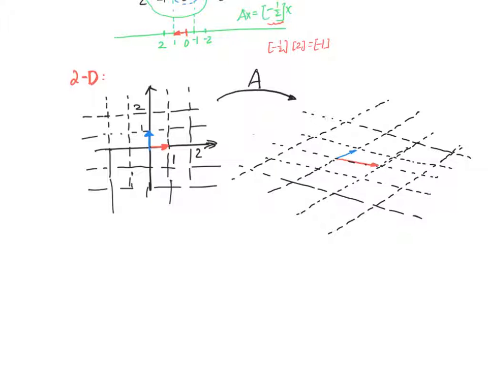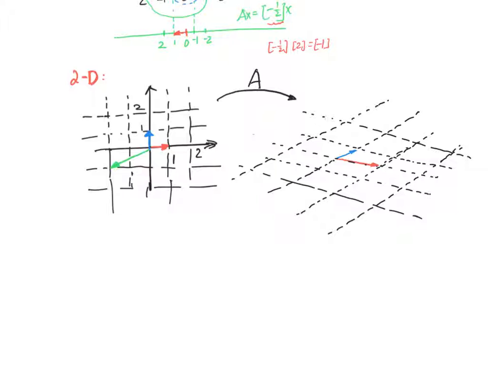And this vector, what about this vector? Can you pause the video and then tell me where this green vector will be mapped to? So you can pause the video and think for a moment and then tell me what your answer is.